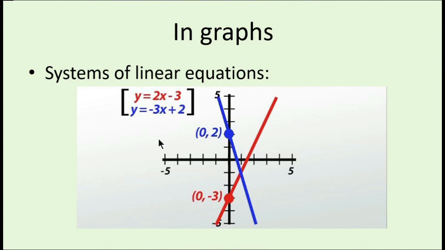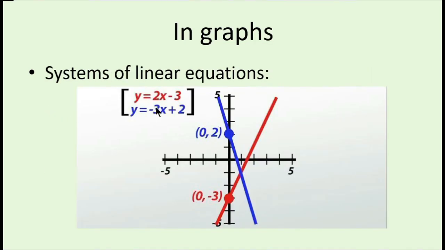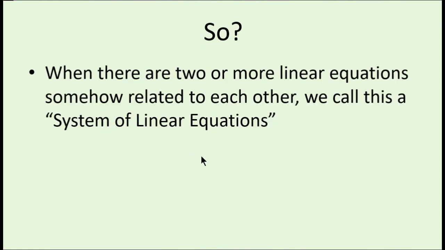A system of linear equations, right, is when you have 2 or more lines on the same plot described by linear equations. So basically, when there are 2 or more linear equations somehow related to each other, that is, maybe they're on the same plot, right?